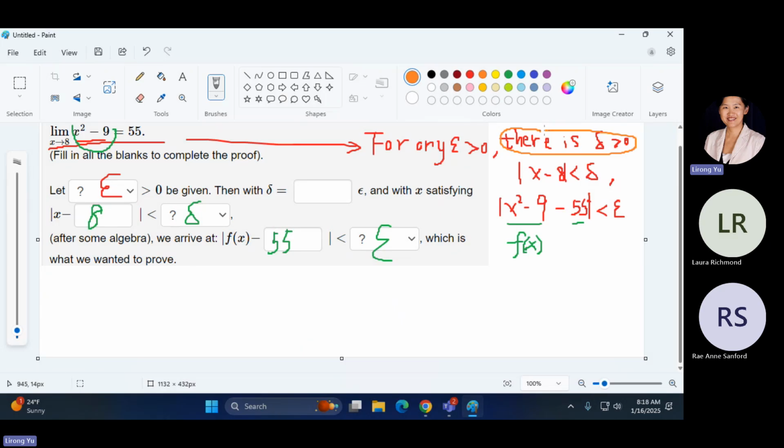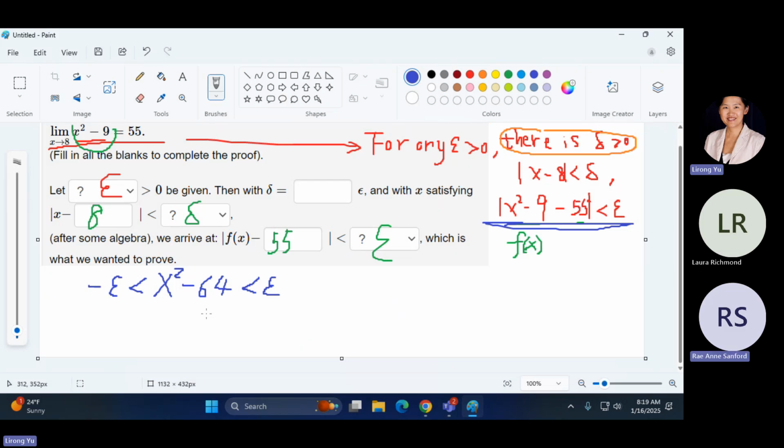We're going to start with x squared minus 9 minus 55, which is x squared minus 64, and its absolute value is less than epsilon. That means it's less than epsilon and bigger than negative epsilon. That's how you can remove the absolute value sign.